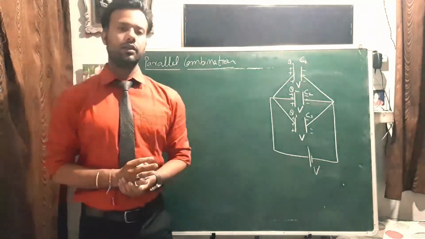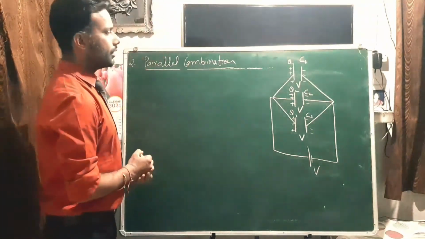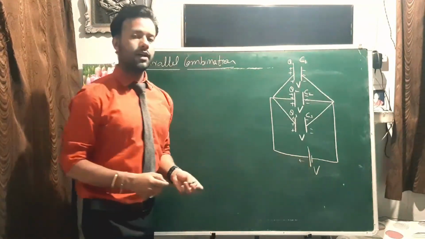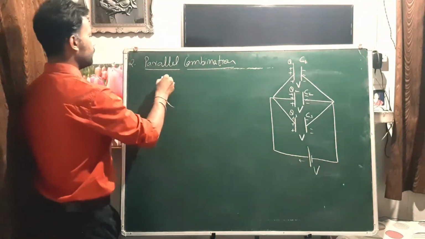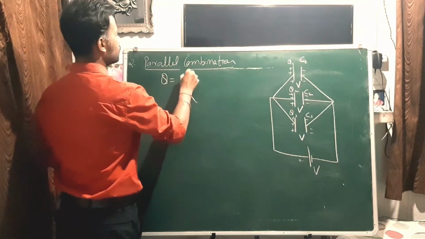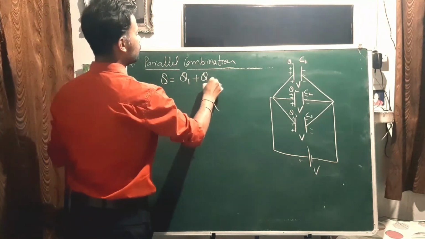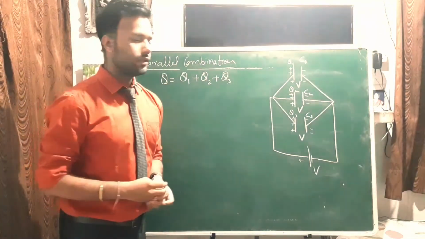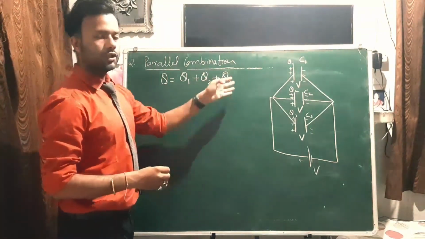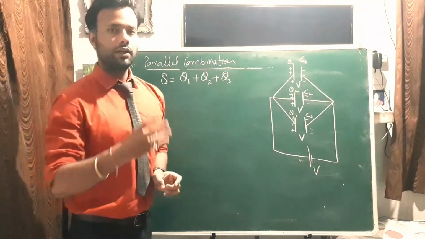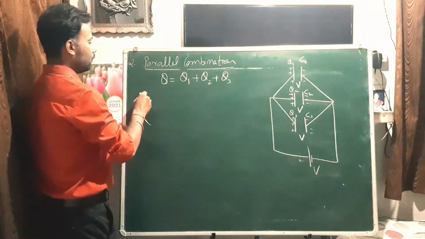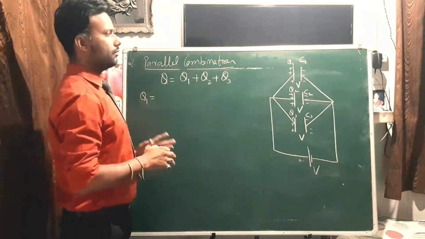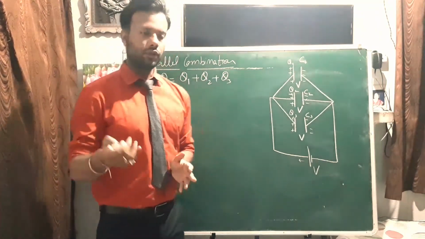Now how can we calculate this? The total charge given by the battery, Q, will be equal to the amount of charge collected on the capacitors, that is Q equals Q1 plus Q2 plus Q3, the total amount of charge collected on the capacitors. What will be Q1? Q1 will be C1V, that's the formula.